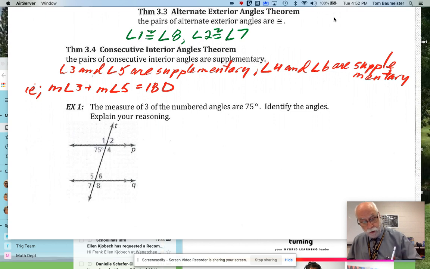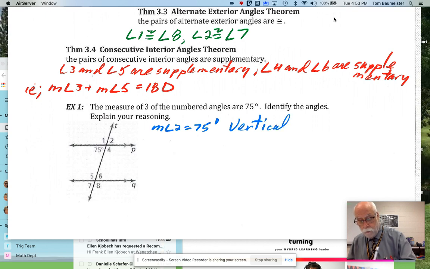Here's the easiest one right here: vertical angles are equal in measure. So we can say that the measure of angle 2 is equal to 75 degrees, because vertical angles are congruent. I'll go ahead and put 75 there so you know.